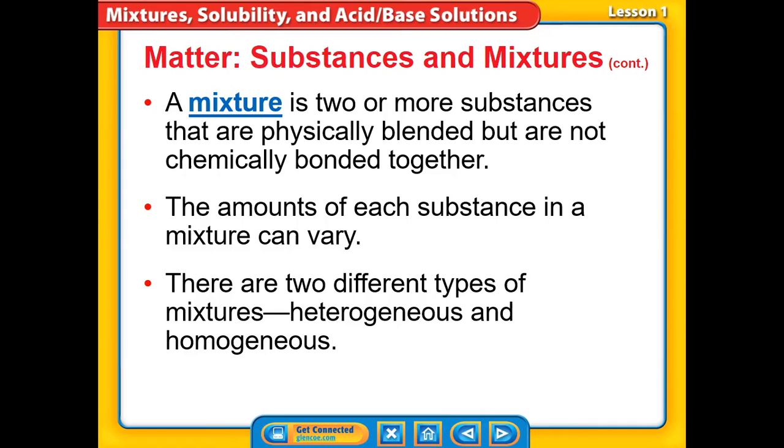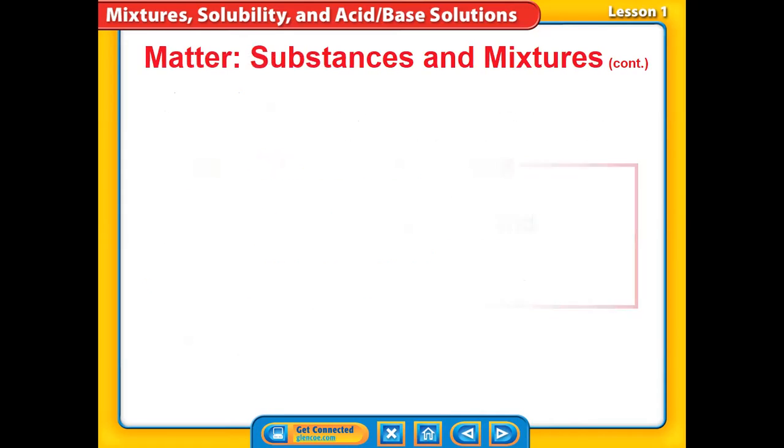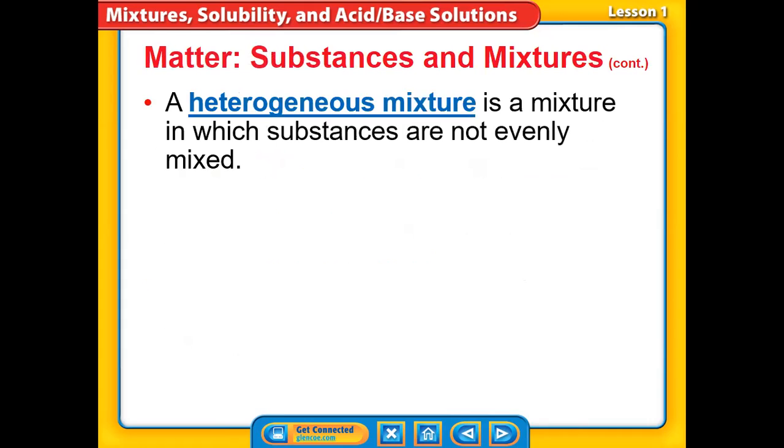So here, guys, we know what a mixture is. A mixture could be classified into two main types: heterogeneous mixture and homogeneous mixture. What is the difference between them?